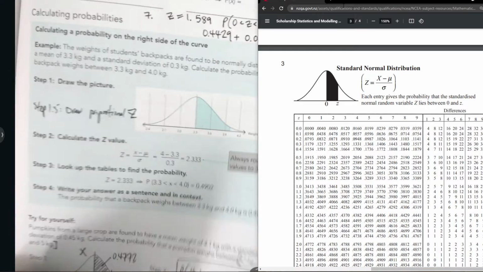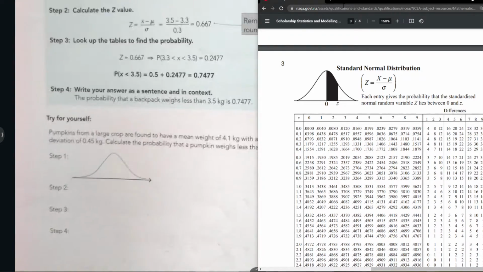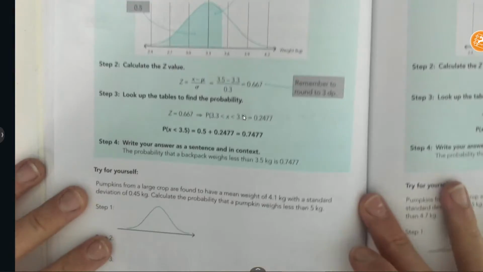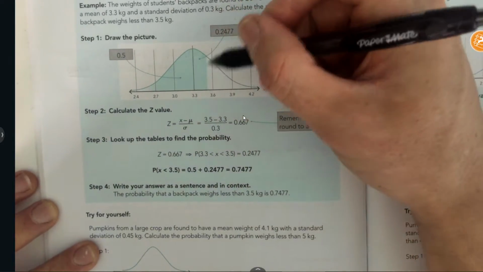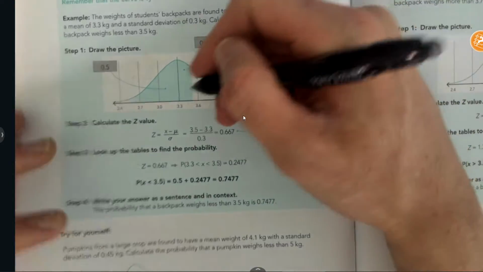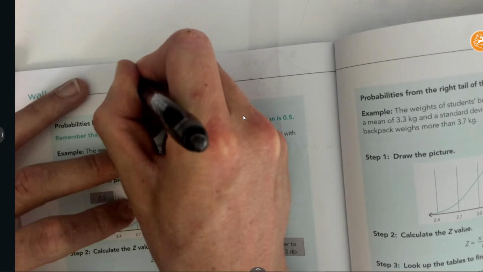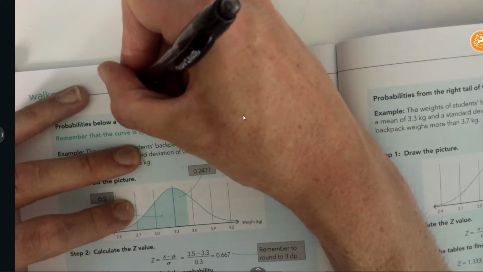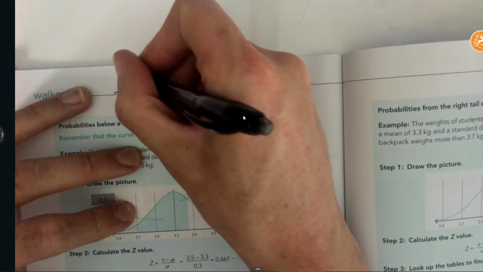Okay. What we're going to do is go straight to the next question, because now we're going to start building up our understanding a little bit. This is when things start to get a little more interesting. What the table does for us is give the area whenever it's between 0 and some Z value, right?